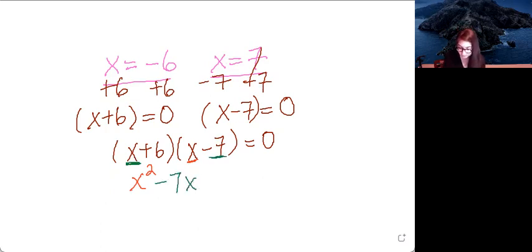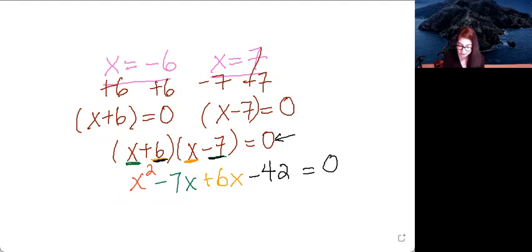Then the inside: positive 6 times x is positive 6x. And last but not least, the last terms: 6 times negative 7 is negative 42. And this equals 0, because we're going to keep that 0 there.